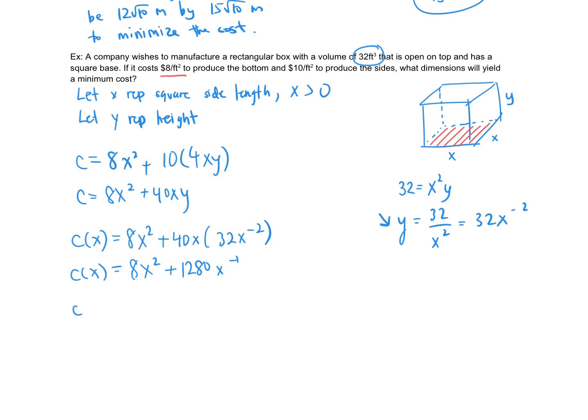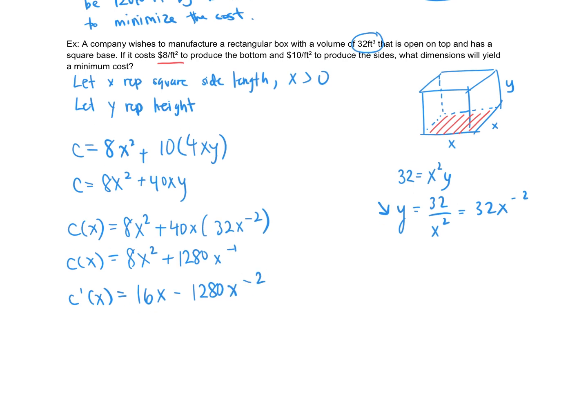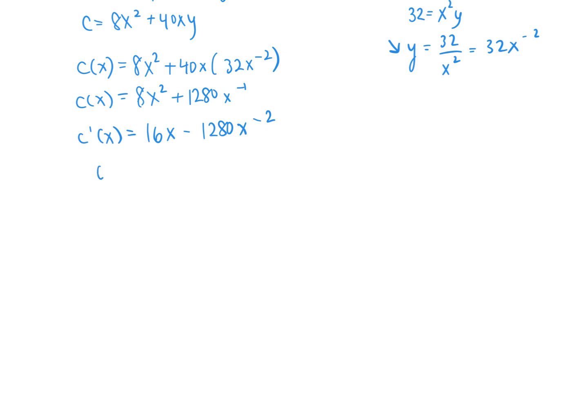So now time for that derivative. We have 16x minus 1,280, x to the negative 2. I'm going to set my derivative equal to 0 while I deal with that negative exponent. Turn it positive with a reciprocal and bring the fraction over to the other side and solve for x.